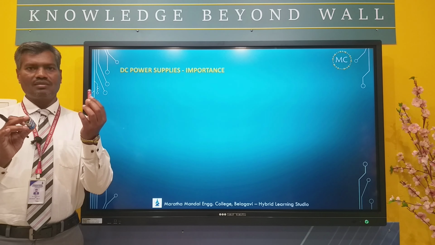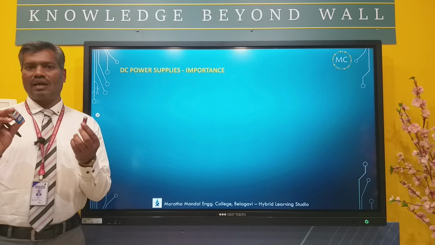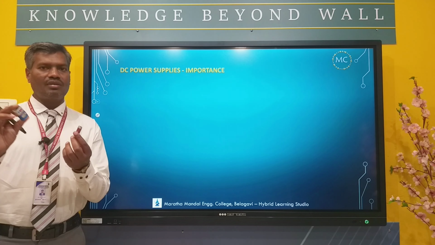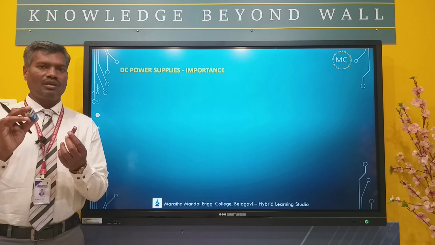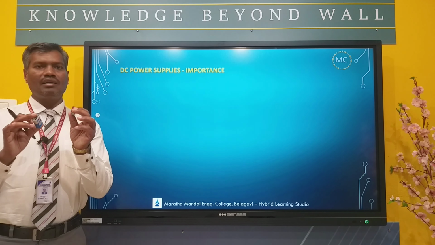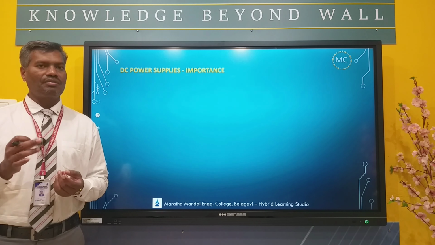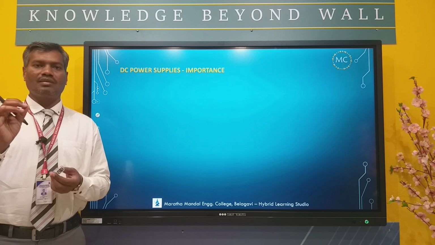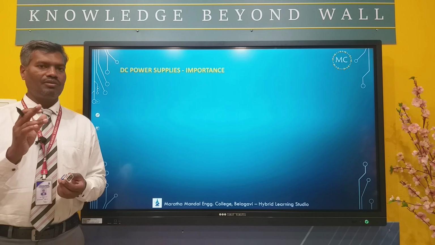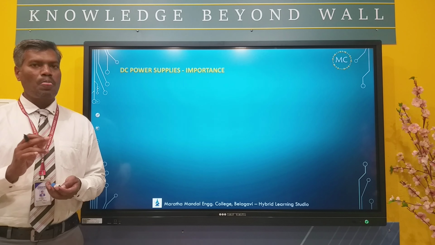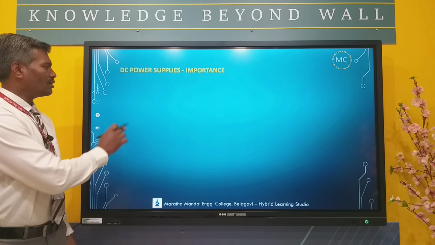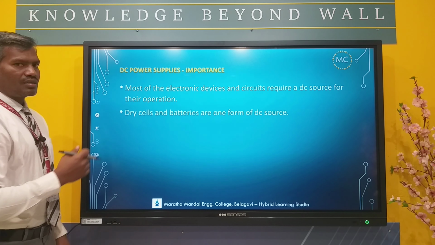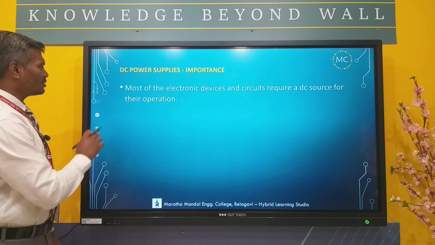The energy that is stored has to be replaced every time, so it's not a better way for signal processing, etc. Therefore the convenient and economical method for getting a DC source of energy is conversion from AC to DC, because AC is available to us all the time. So we have to design a circuit in such a way that AC power can be converted into DC power.